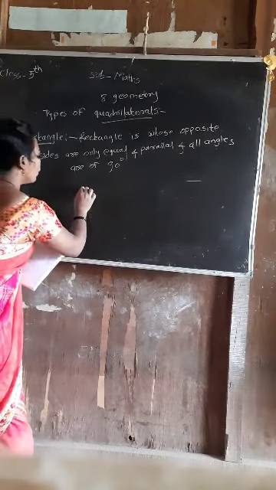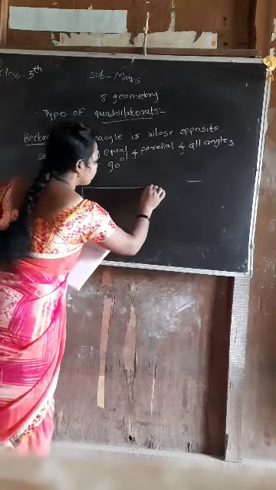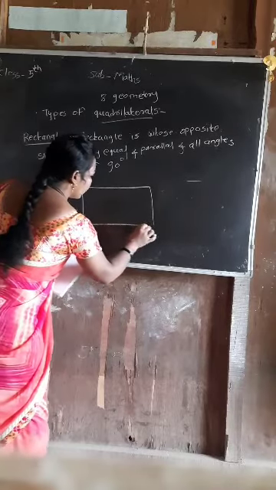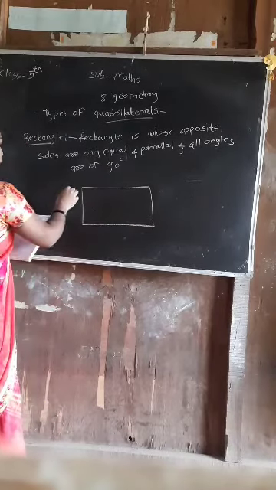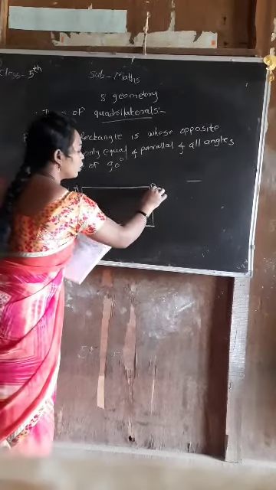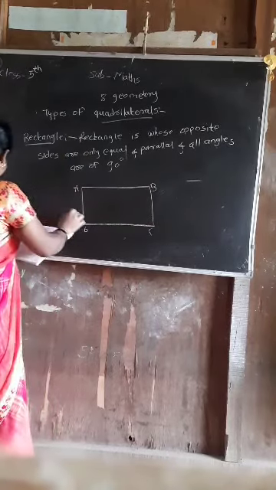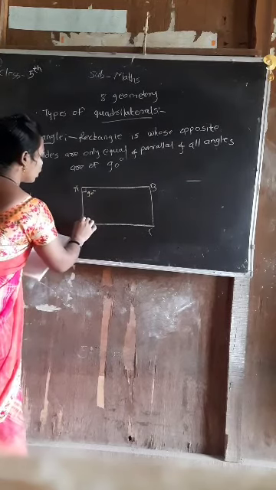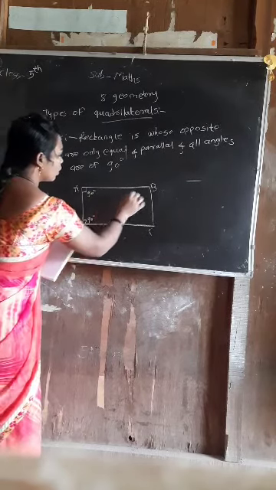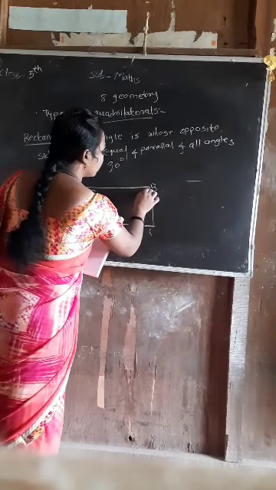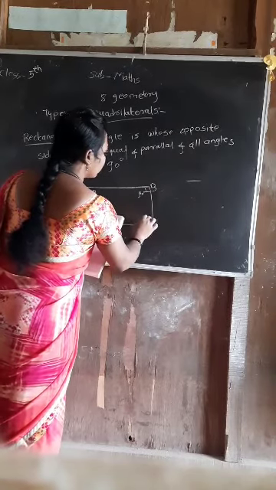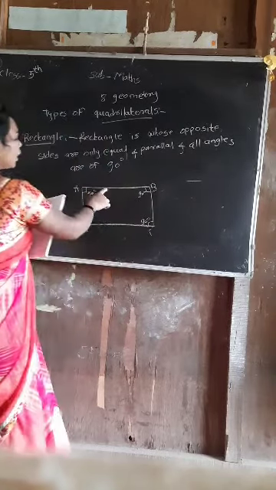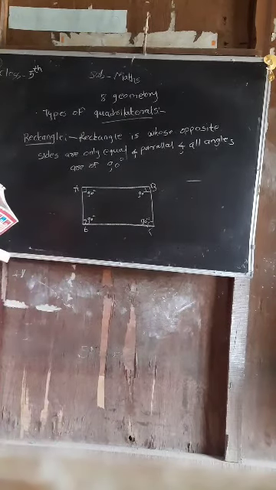We draw one rectangle, rectangle ABCD, having all angles of 90 degrees and opposite sides equal and parallel.